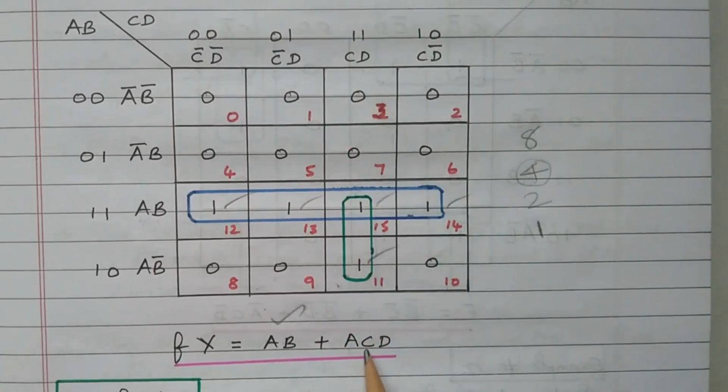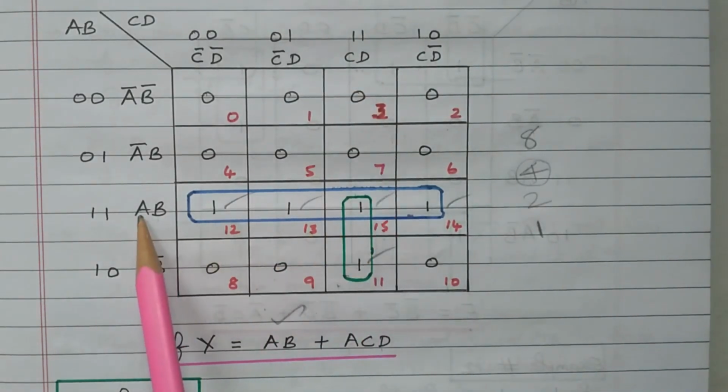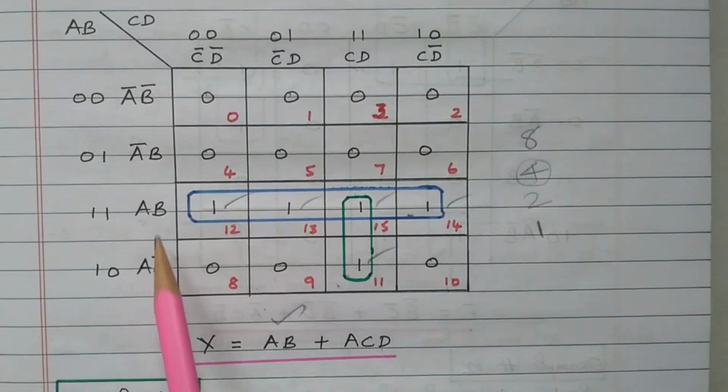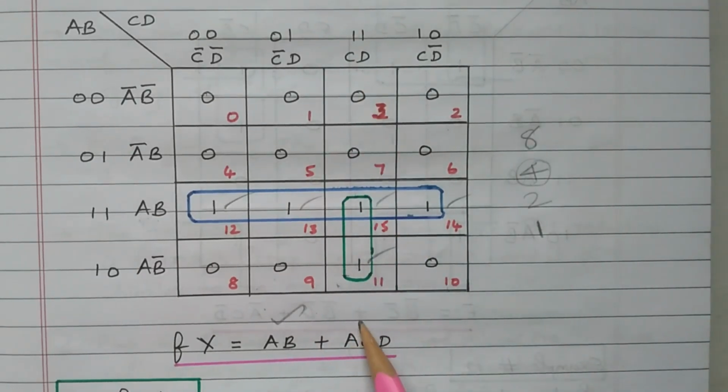So A, C, D. While grouping these 2 cells, we refer to these 2 terms on the row side and this 1 term on the column side. In A B bar, B bar got cancelled, only we have A. Then here we have CD. So A, C, D is the term available for the second grouping of 2 cells.